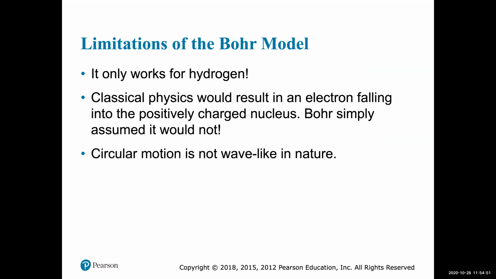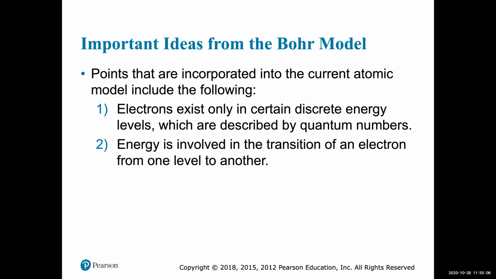Well, the Bohr model sounds pretty good, except it only works for hydrogen. So there's a lot more, obviously, to chemistry than hydrogen, so that was a big limitation of Bohr. But there were a couple things that held up from the Bohr model that we want to remember. And that is electrons exist only in discrete energy levels, which are described by the quantum numbers.